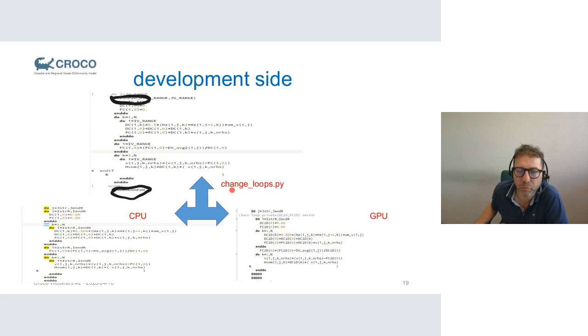The script change loop.py is called in the job script and the makefile. So when you see this case in the code, please don't change it.